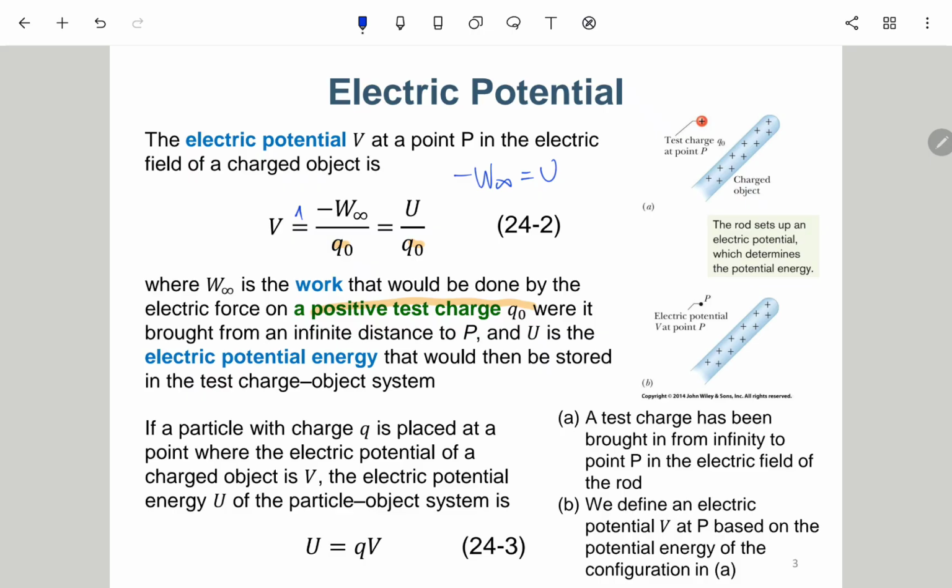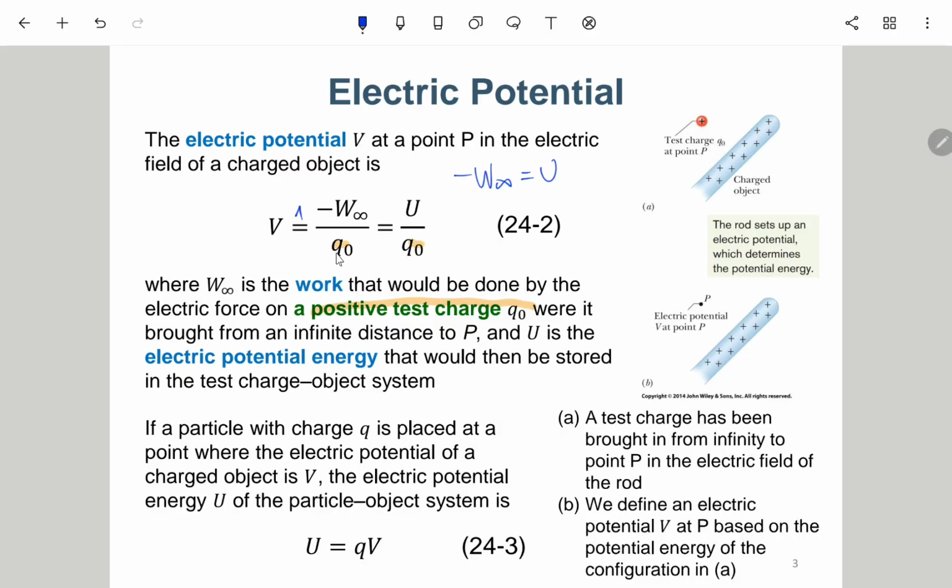You do some work, you have work done on it, bringing it close to another test charge. By doing this work, you store some potential energy in this system. That is quite simple, I think, to you.